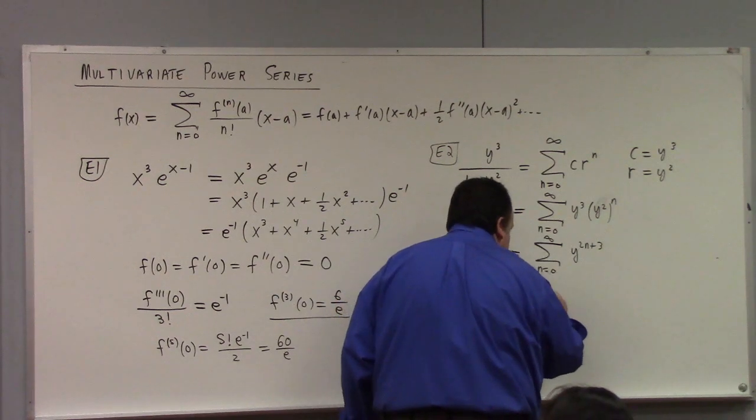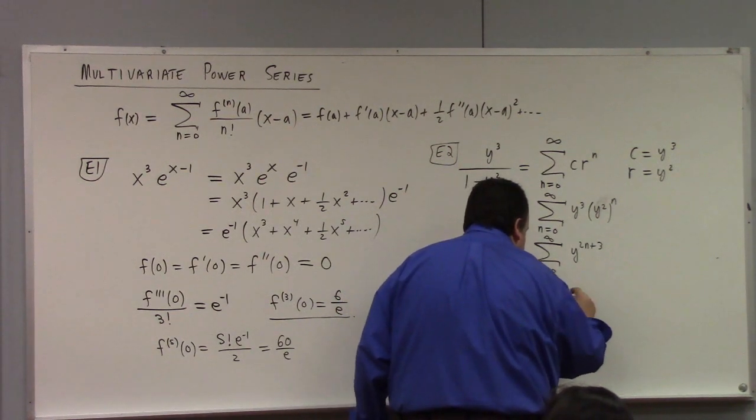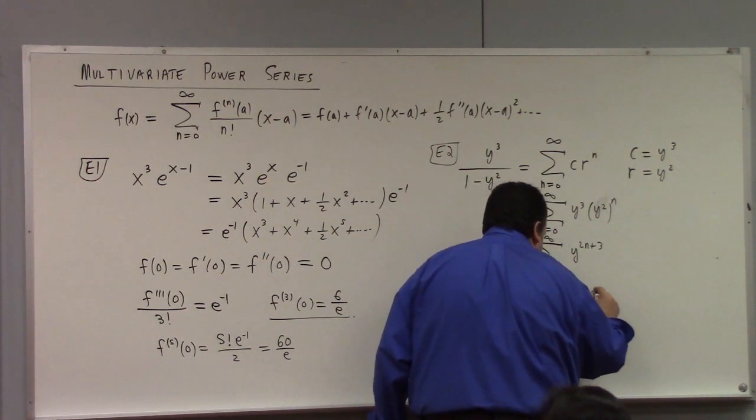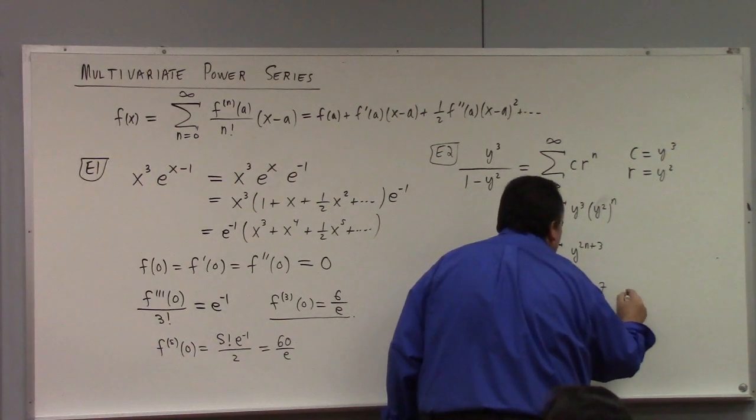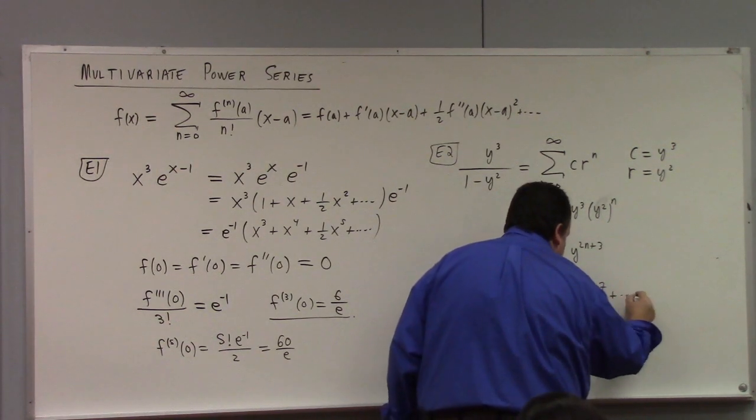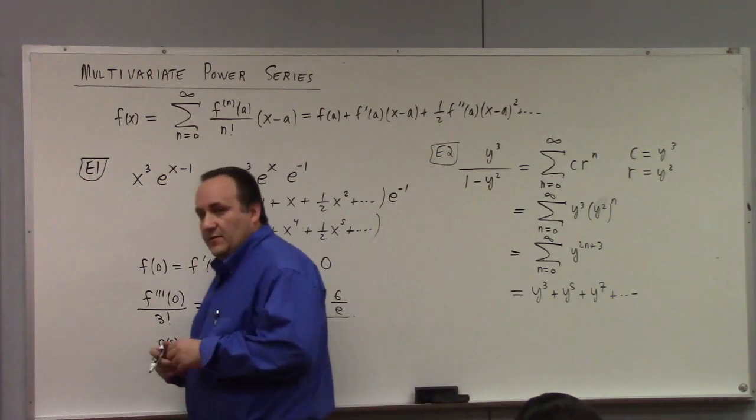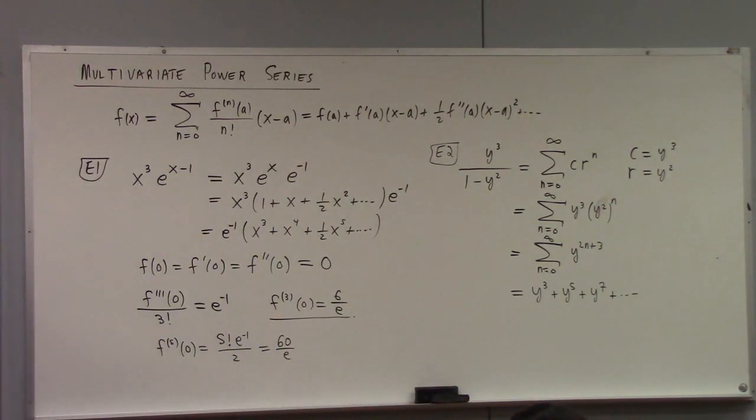Or explicitly, you've got yourself a y cubed plus a y to the 5th plus a y to the 7th, plus dot dot dot. There's the power series centered at 0 for this function. I did not differentiate anything, did I? No. Substitution is definitely the way to go here, okay?